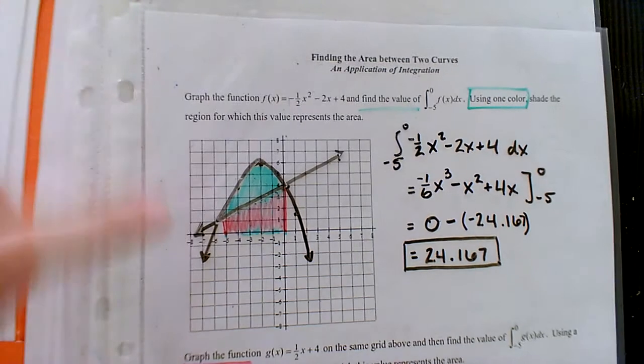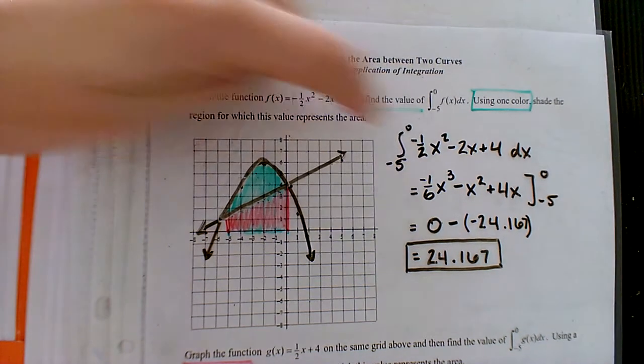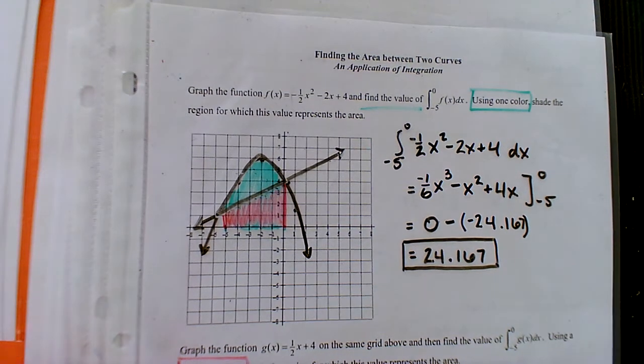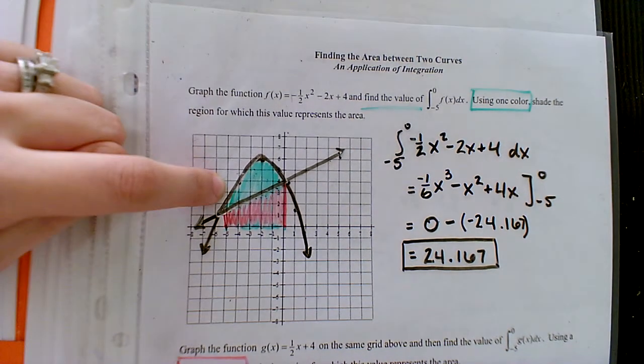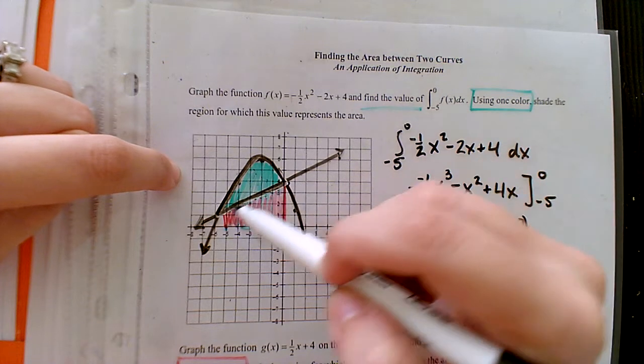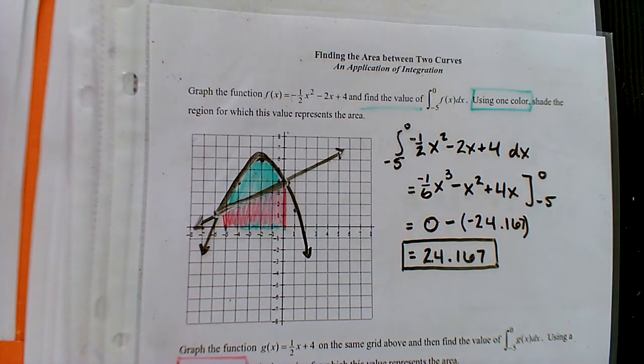I'm going to flip the page for a second. When we calculated the area in the previous example, we did the quadratic function minus the linear function. How is the quadratic related to the linear on this interval? Can you describe where the quadratic is located compared to the linear?